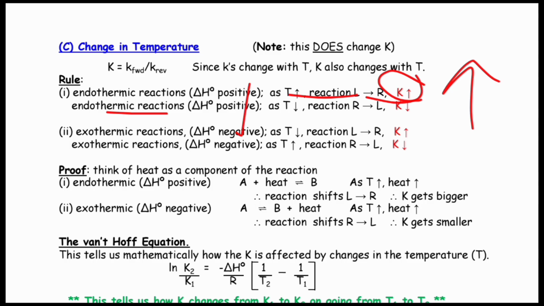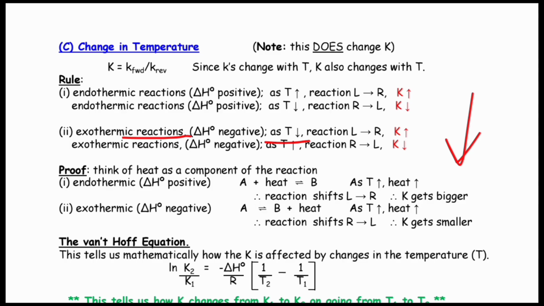When temperature is decreased, the reaction will move from right to left. The value of K will decrease, okay. For exothermic reactions, when temperature is decreased, it is the reverse of endothermic.